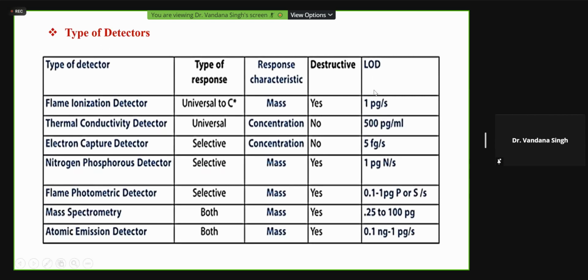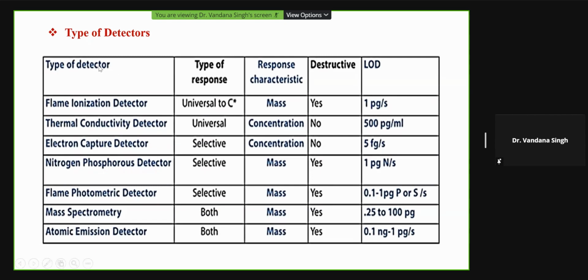Now, these are the different kinds of detectors which are used in the GC system, and how they respond to the analyte, whether they are destructive and destroy the sample, what is their range, what is their limit of detection, and whether they are universal or selective, like they can selectively detect a certain analyte or can be universally used.